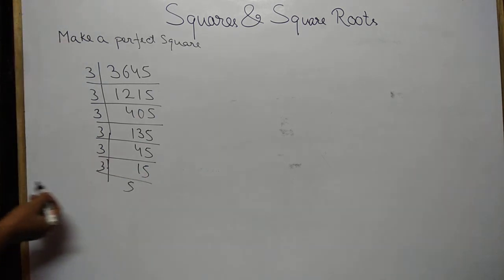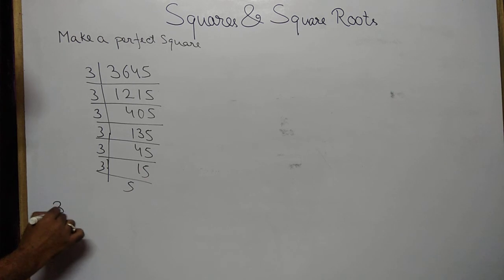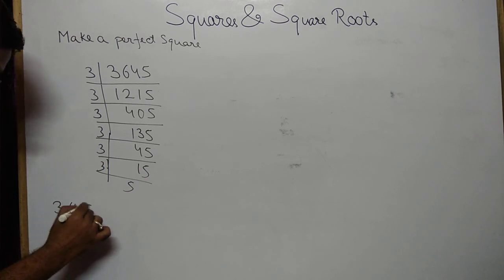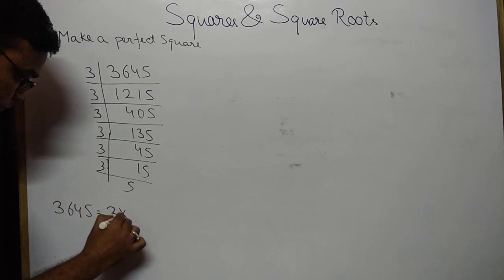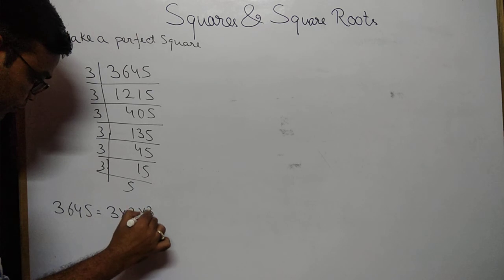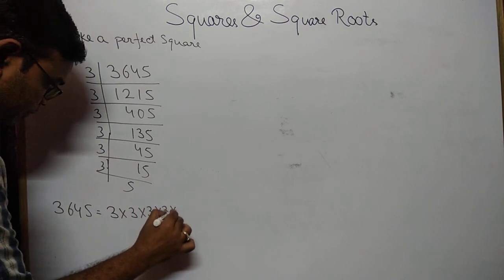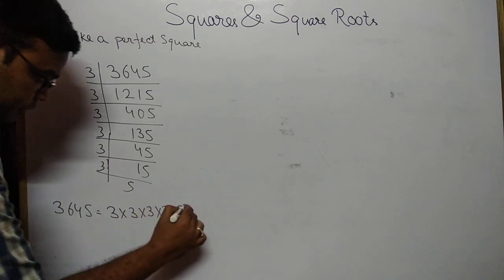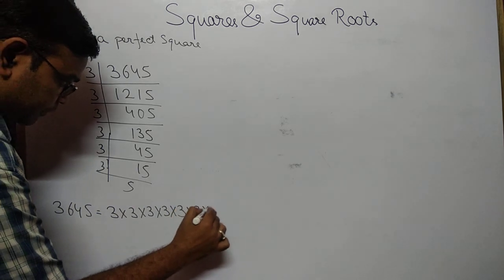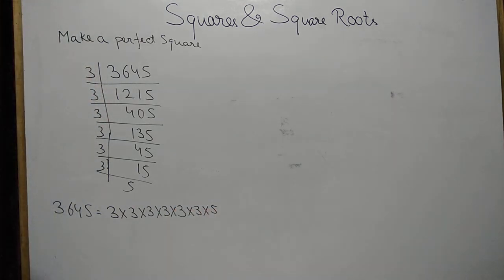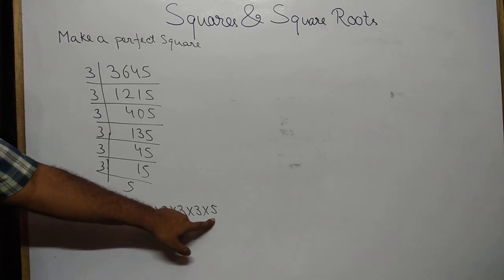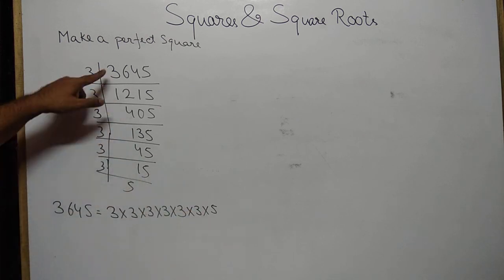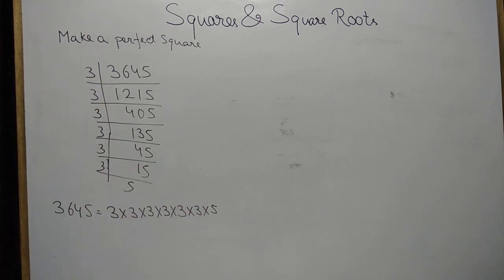So what is the pair? 3645 equals 3 into 3 into 3 into 3 into 3 into 3 and 5. As we are observing, in this case all these 3s are in pair but this 5 is extra, so we must divide this number by 5 to make it a perfect square.